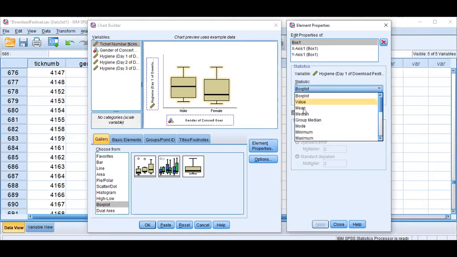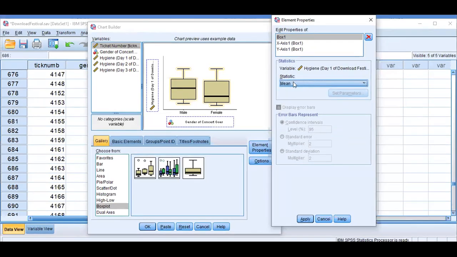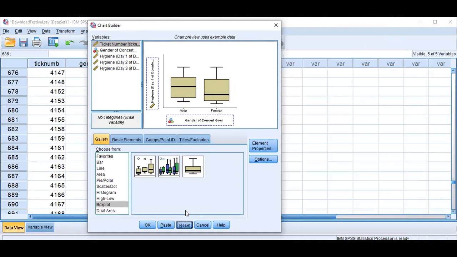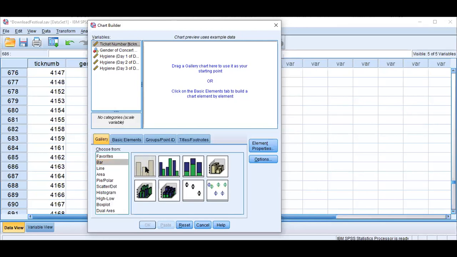Now for the box plot, I will take the mean, there is a display error bar option. But it is not showing here. So we can take the error bar chart of another data. I will reset it, and I am making a bar chart for error bar.